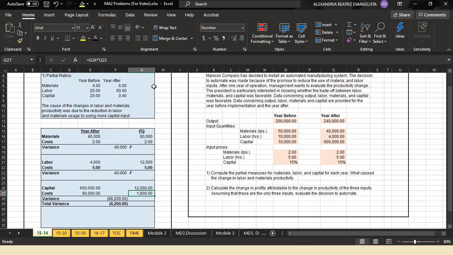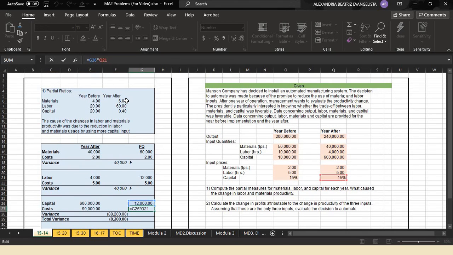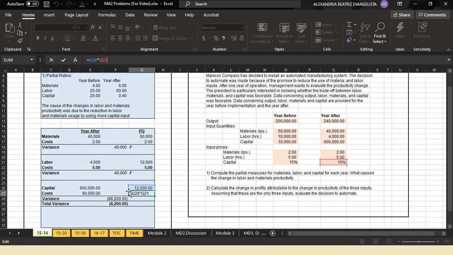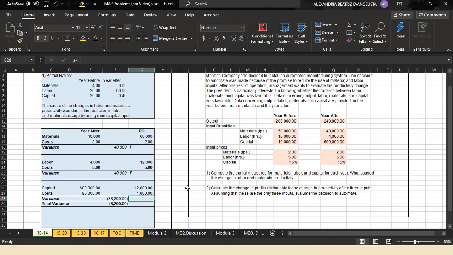And for the PQ, it is computed by multiplying 15% by its corresponding quantity, which is 12,000. So that would give us 1,800.